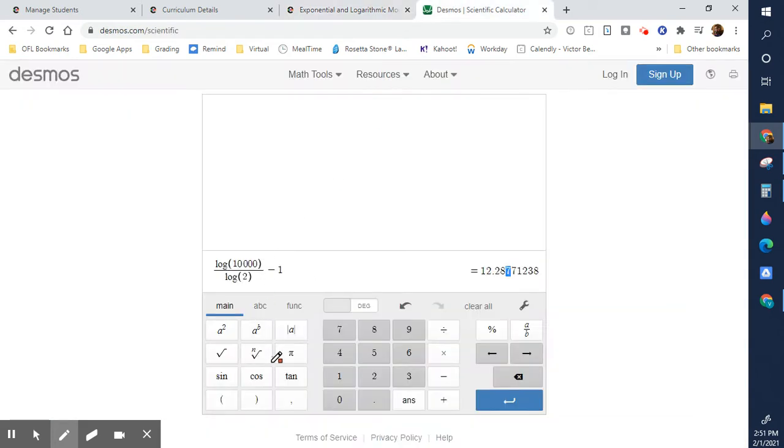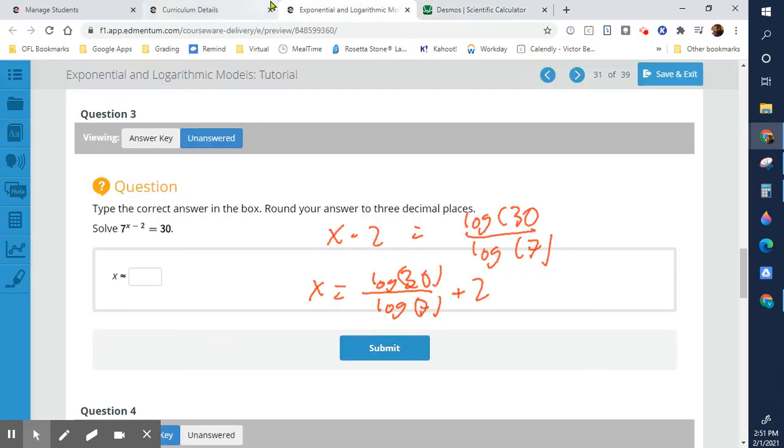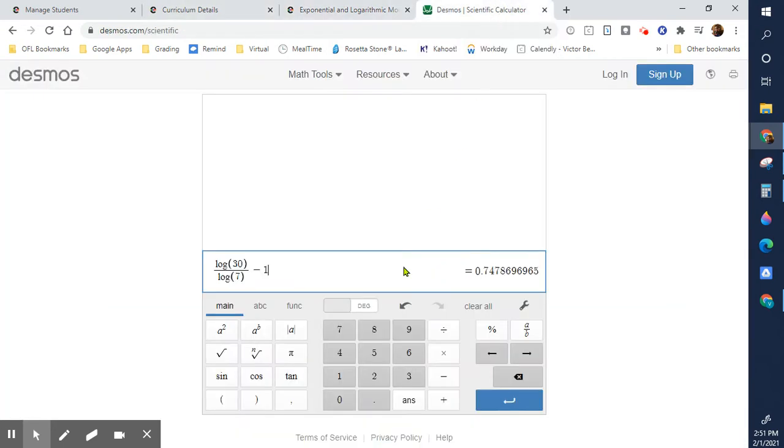All right. So what I get here is, I'm going to change this 10,000 to 30, and change this to 7. And what was it, plus 2? Yeah, plus 2. Log 30 over log 7 plus 2.